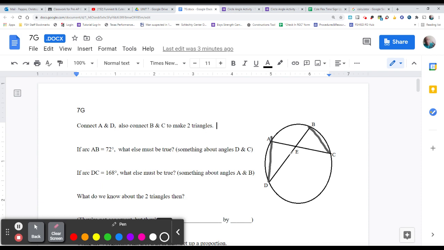Now, let's say hypothetically arc AB is 72 degrees. Okay, so there's that, arc AB is 72 degrees right here. It's going to ask what else must be true.